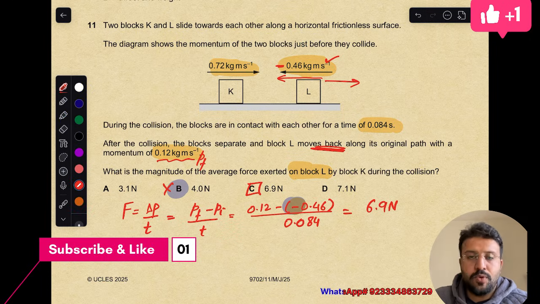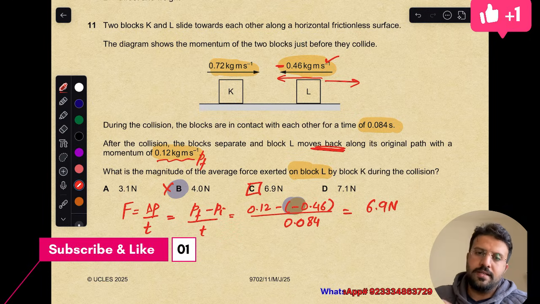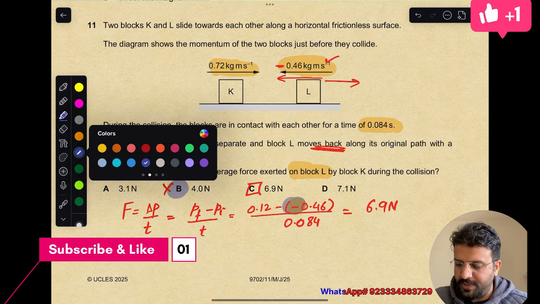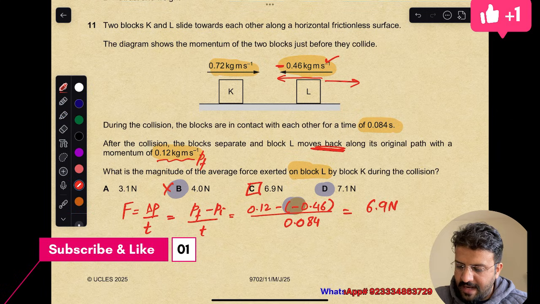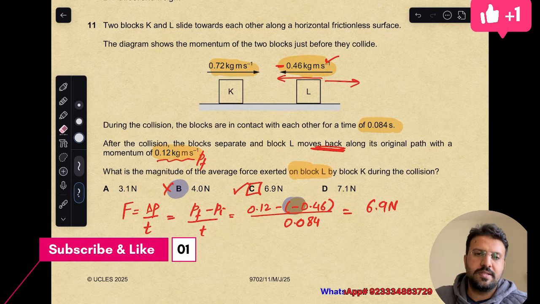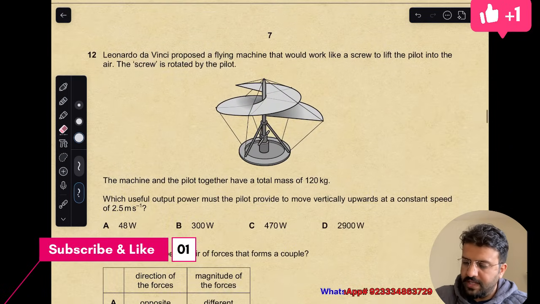If you neglect the vector thing, and if you neglect that you have to find the force on L, you have to find the change in momentum of L. Only when you consider the change in momentum of both objects will you get option D. That is also a popular wrong answer. The only correct answer is C, when you do it correctly. So let's move forward.